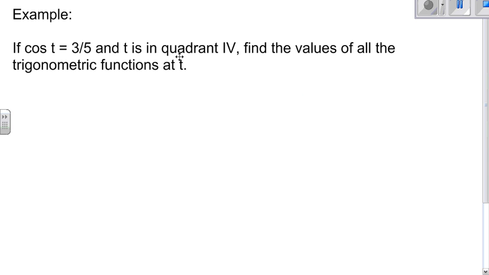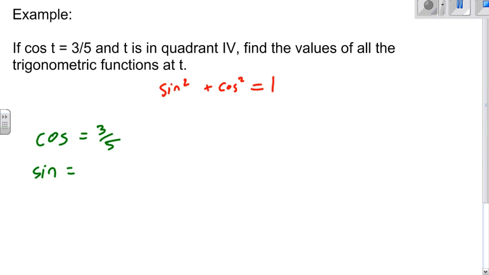So now using the Pythagorean identity and everything else that we know, if we just know one trig function, we can find all the others, as long as we know what quadrant it is in as well. So if cosine is 3/5, we can find sine because we know sine squared plus cosine squared is going to equal 1.